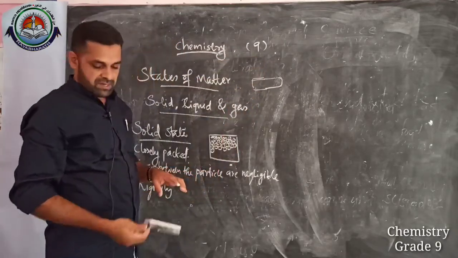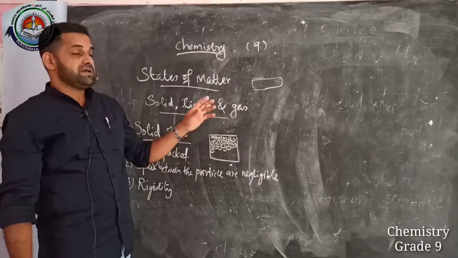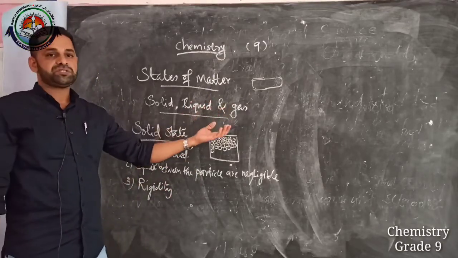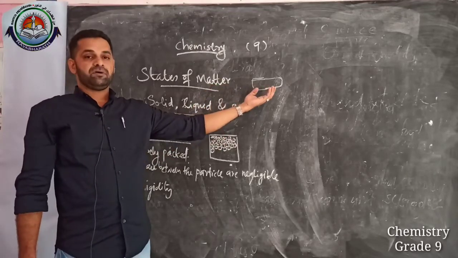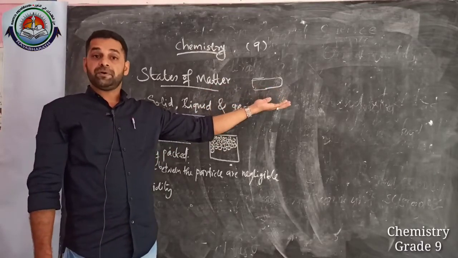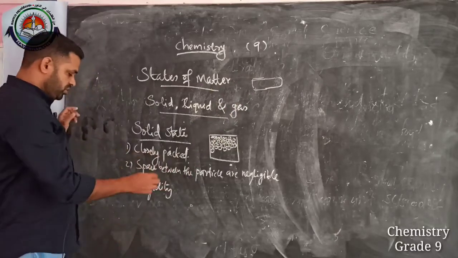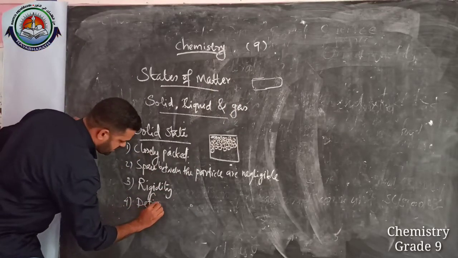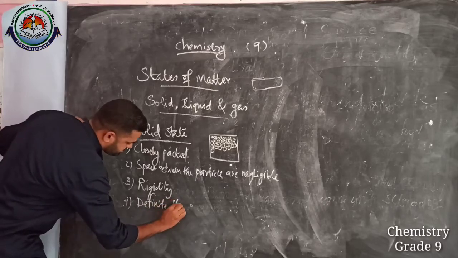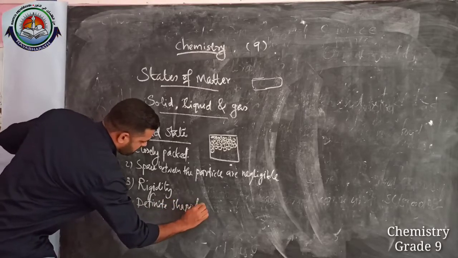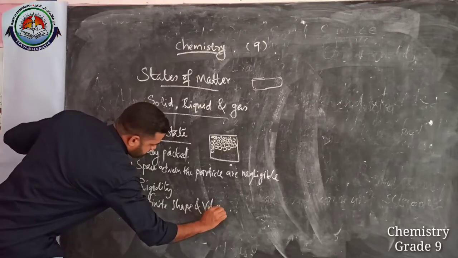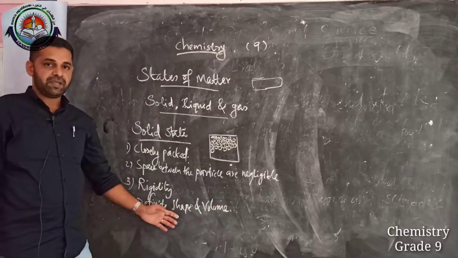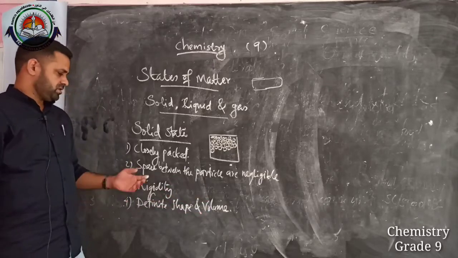It means they have a particular shape, and they also have a particular volume. So they show definite shape and definite volume.